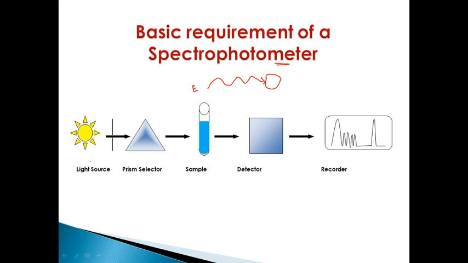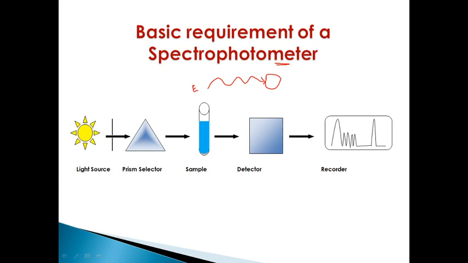Now, let us know the basic requirement. Here we provide a light source. Light can emit electromagnetic radiation with a particular wavelength. After emission, it passes through the slit and then hits the surface of a prism selector.